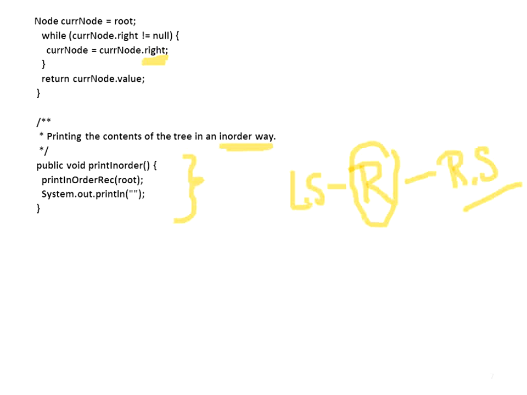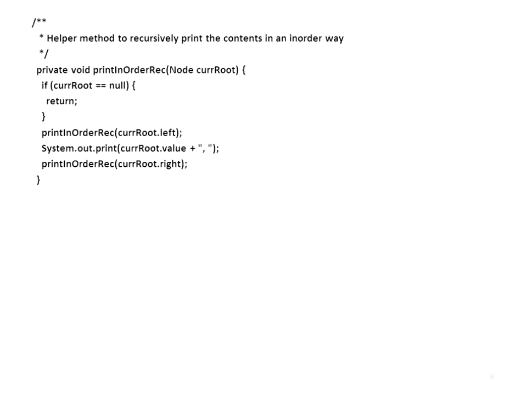So you have to apply this rule in order to find the in order traversal of nodes. We have created a helper method to recursively print the contents in order. This one.